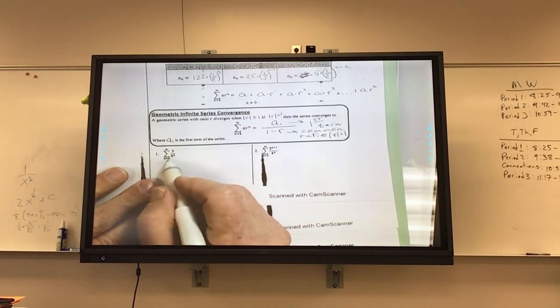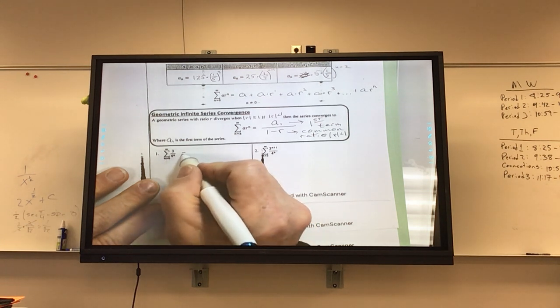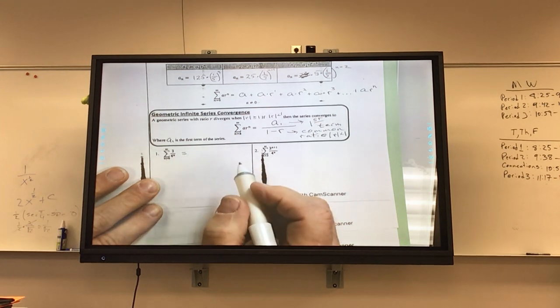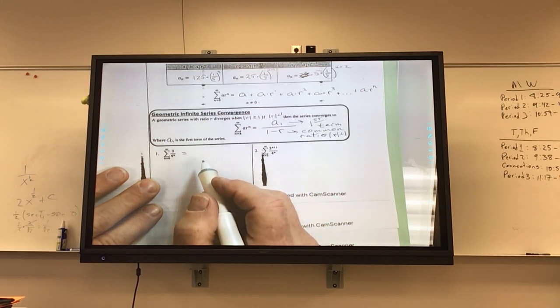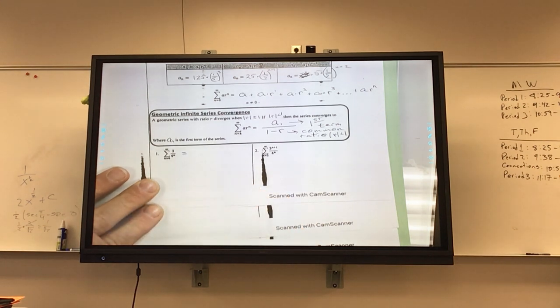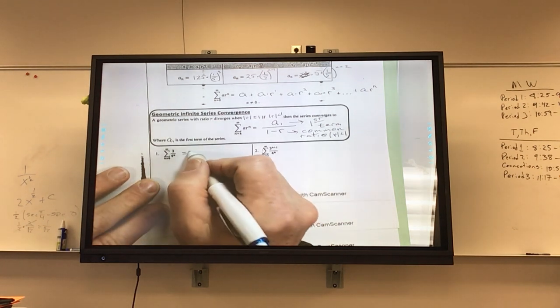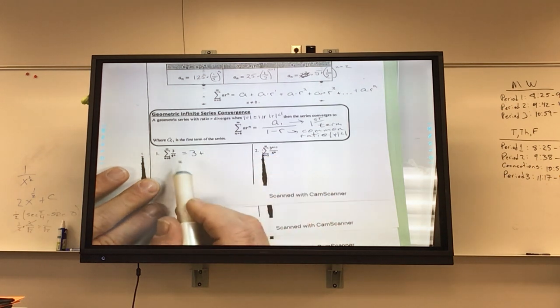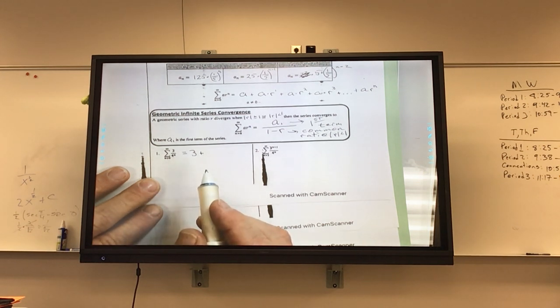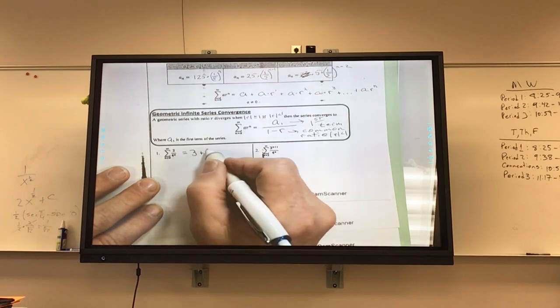So if you take a look here, they start with n equals 0. So if n equals 0, my first term would be what, Sierra? 3. Plus, now if I have n equals 1, what would be my term? 3/4.